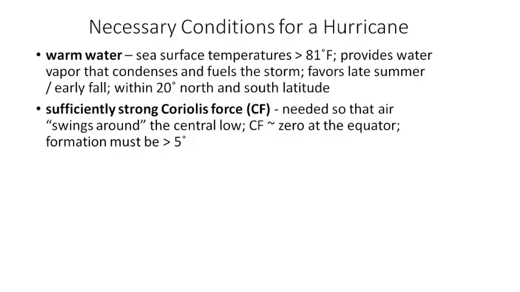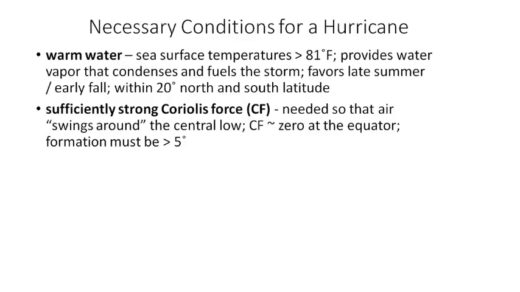Another factor is spin. We talked about the Coriolis force as what we call an apparent deflection, because the Earth is spinning on its axis. That's what gives us our cyclonic and anticyclonic movement around these big weather patterns, around a surface high and a surface low pressure. But hurricanes need a certain amount of spin.